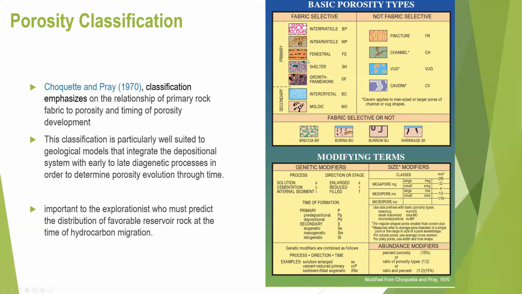In regards to permeability, you can have the same porosity but different permeability. For example, you have a carbonate rock with moldic porosity with 20% porosity, and you also have a dolomite with, for example, 20% intercrystalline porosity, but they actually show different types of permeability.